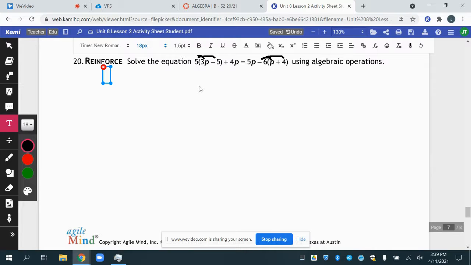So I distribute and I get 5 times 3 is 15p. 5 times 5 is 25. Equals 5p minus 6 times p is negative 6p, and minus 24.